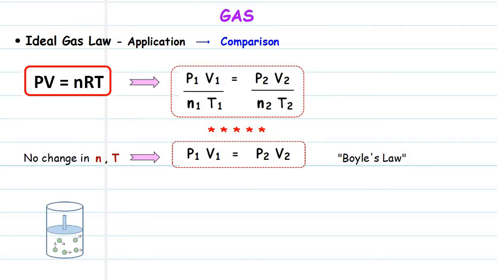For Boyle's law, let's say we have a container with a lid that is connected to a piston, so this lid can move up and down accordingly. And inside this container still contain particles of gas. And when these particles of gas collide with the container's wall, that will contribute to pressure.